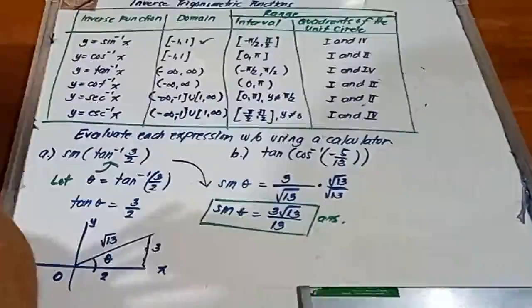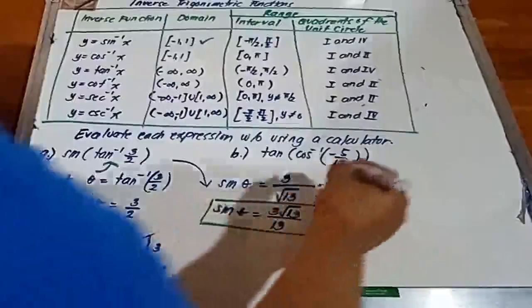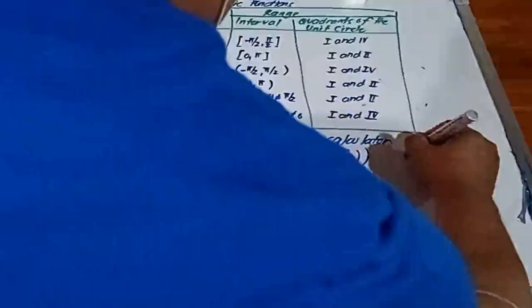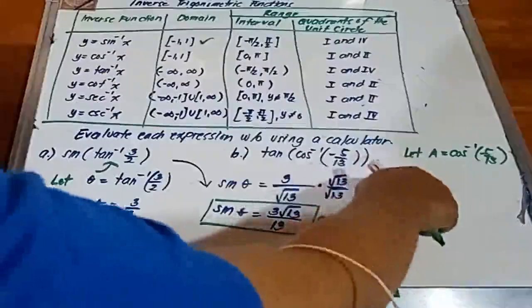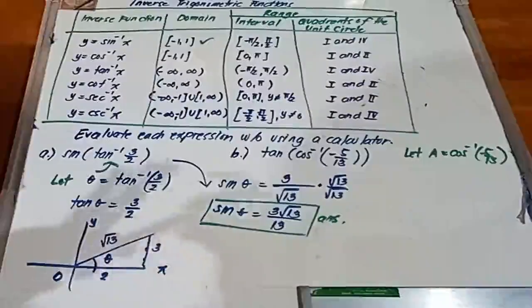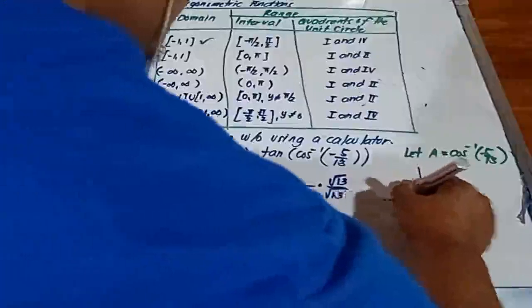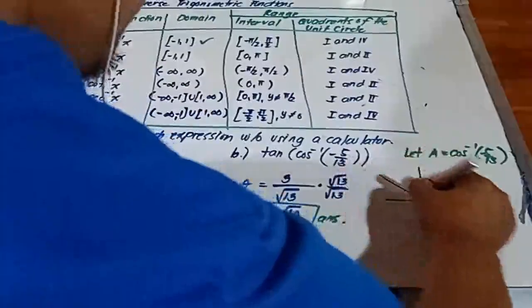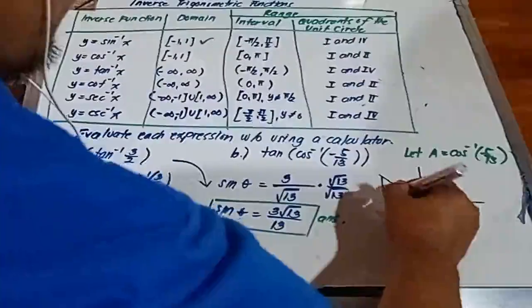So, gawa tayo dito. We let muna, let's say angle A. A natin is cosine to the negative 1, negative 5 over 13. Yan. So, kukunin na lang natin tangent A. So, sa ating triangle, ito yung A natin. Okay.